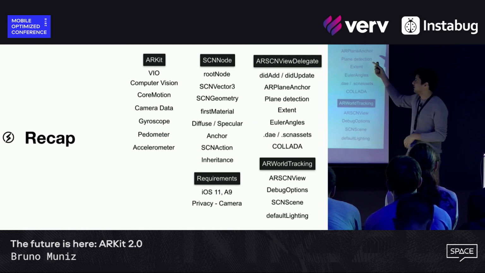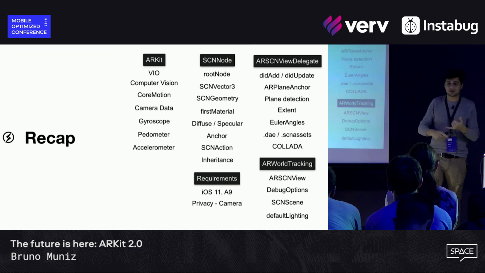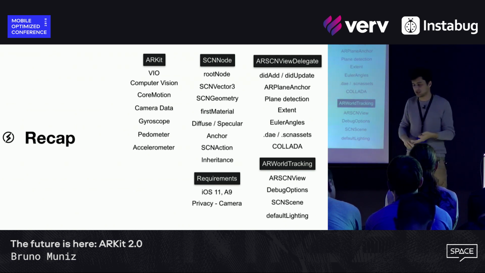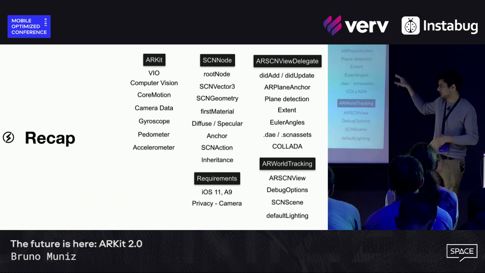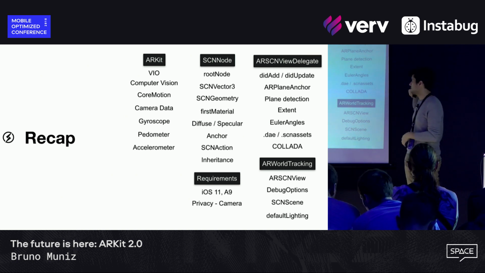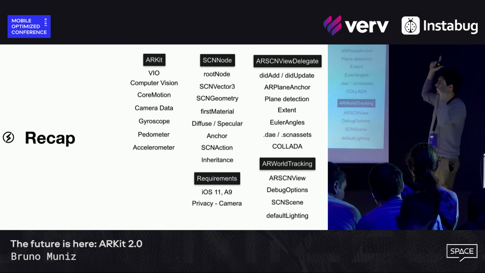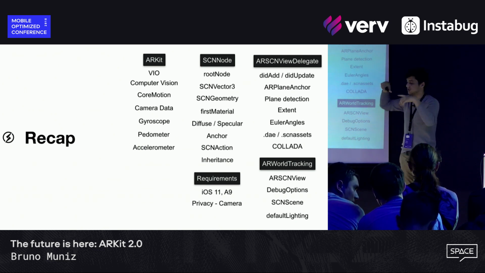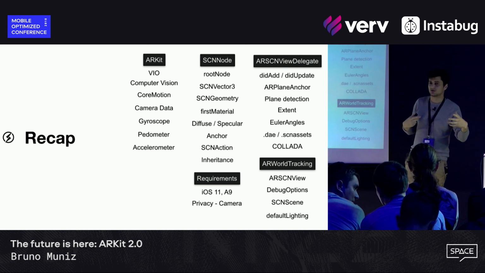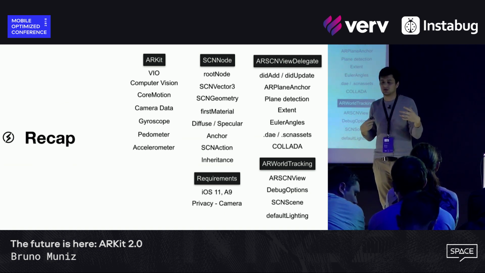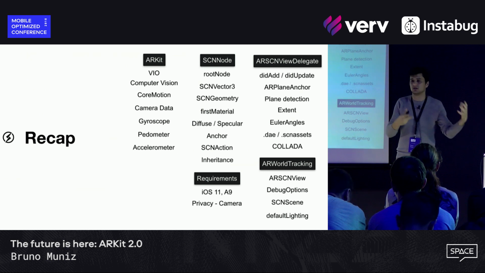So you have many types of anchors. You have plane anchor, face anchor, image anchor, object anchor. We're going to talk a bit about some of them now. But basically, when the delegate methods are implemented, you can check which anchor you are finding. So for example, if your app is based on face, you can check if it's a face anchor.